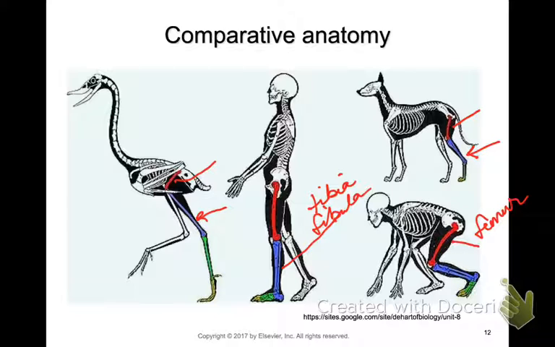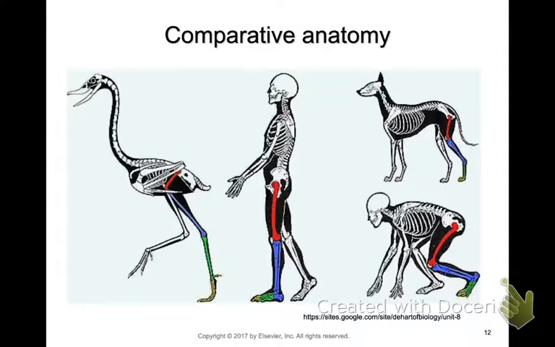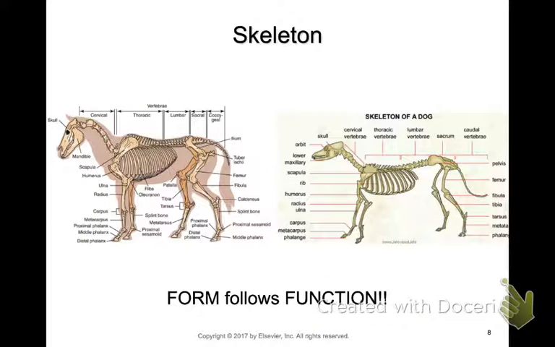The green bones are the bones of the foot in the human, but in the bird and the dog, those bones are much longer. Again, because of the way these limbs are used, their physiology, the anatomy has changed. There are similarities, but also differences depending on what structure you're looking at. So there's that statement, form follows function.